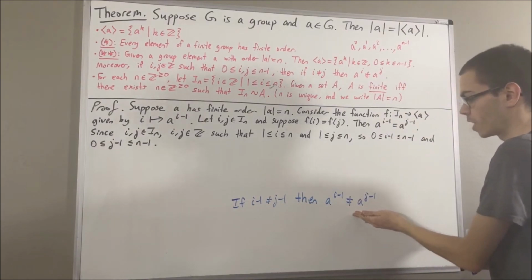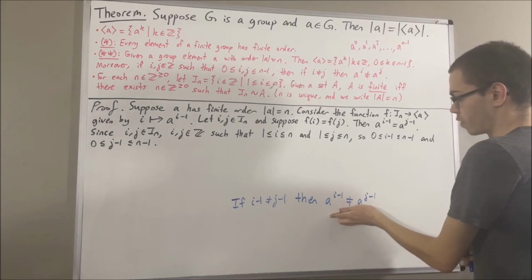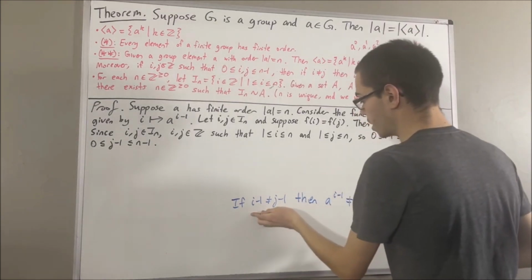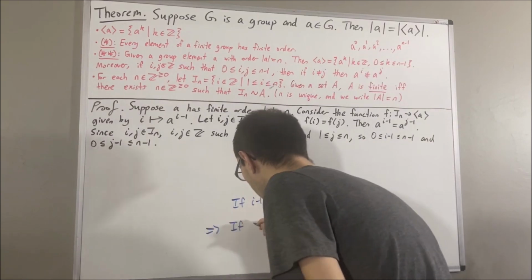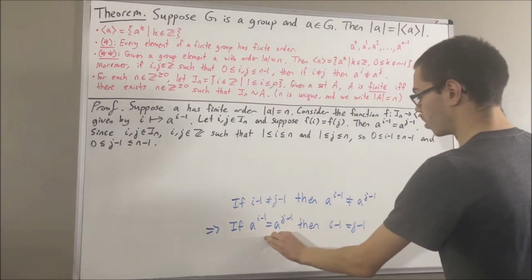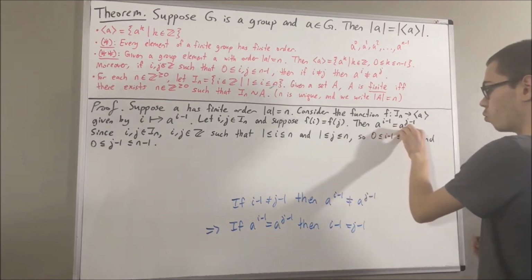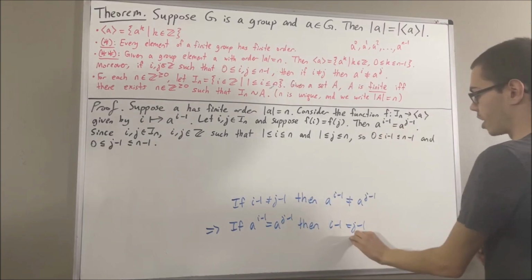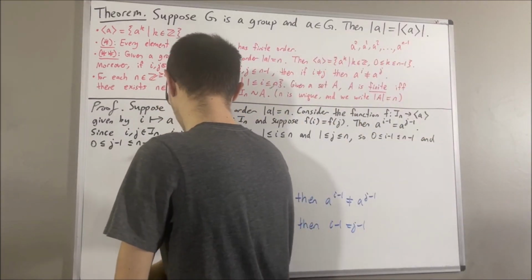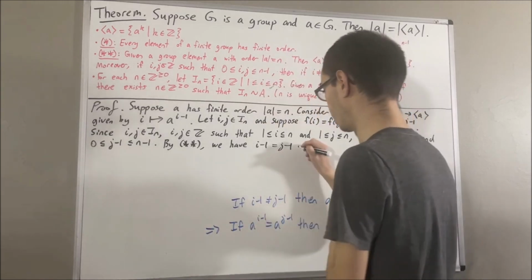The contrapositive tells us if a to the power of i minus 1 is equal to a to the power of j minus 1, then i minus 1 is equal to j minus 1. But we know that a to the power of i minus 1 is equal to a to the power of j minus 1. That's what we have here. So we can conclude that i minus 1 is equal to j minus 1.